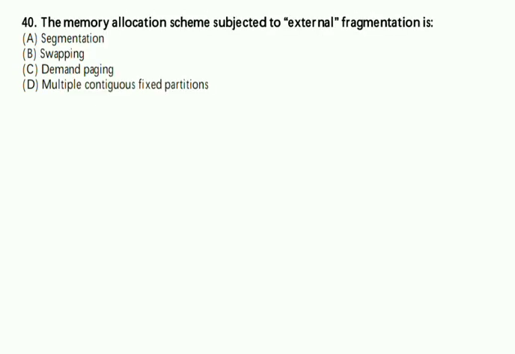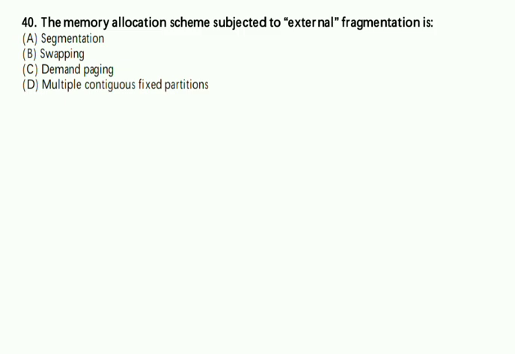Next, the memory allocation scheme subject to external fragmentation is. External fragmentation exists when there is enough total memory to satisfy a request, but the required memory is not available at a contiguous location. External fragmentation can occur in segmentation and internal fragmentation can occur in paging.